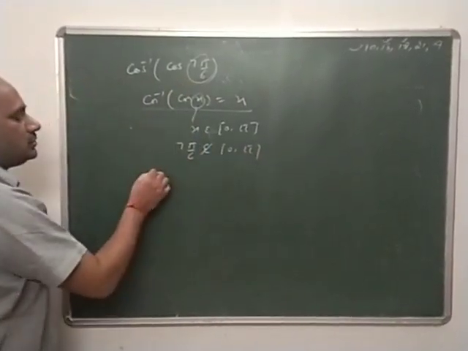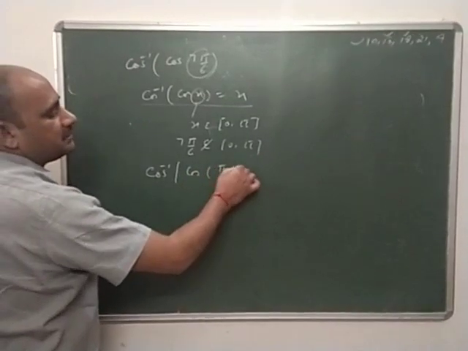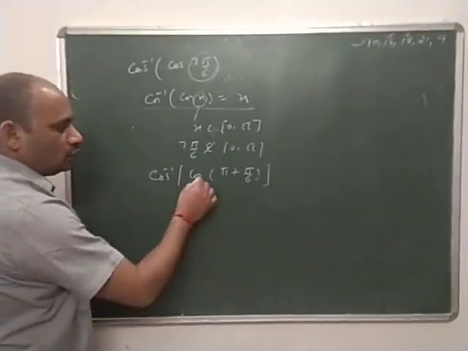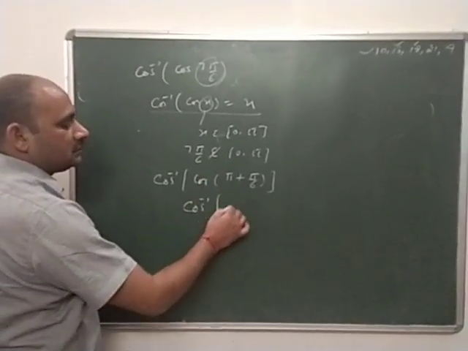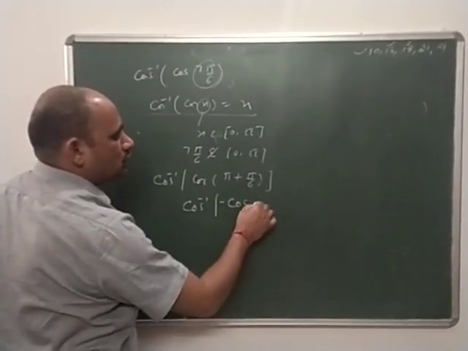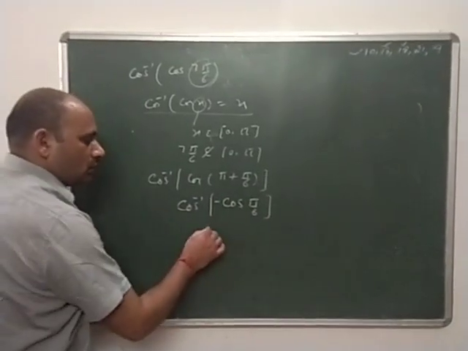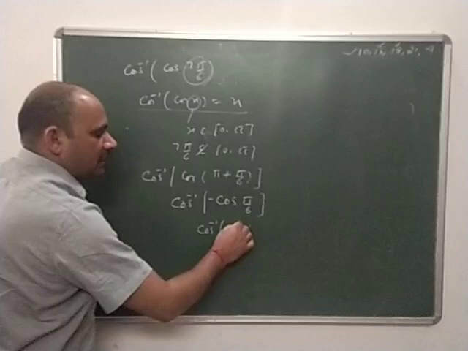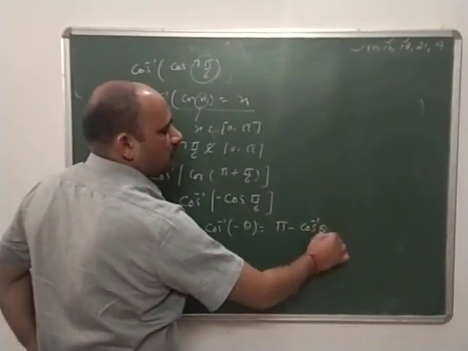So we will change it. Cos 7 pi by 6 is written as cos of pi plus pi by 6. You know, cos of pi plus theta is minus cos theta. Or you know, cos inverse of minus theta is pi minus cos inverse theta.